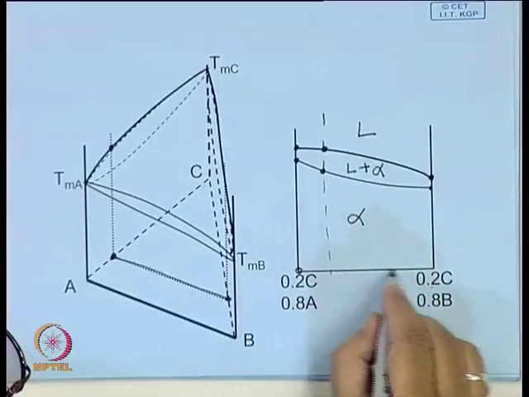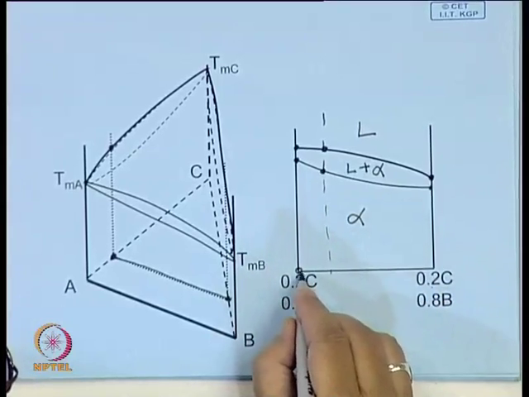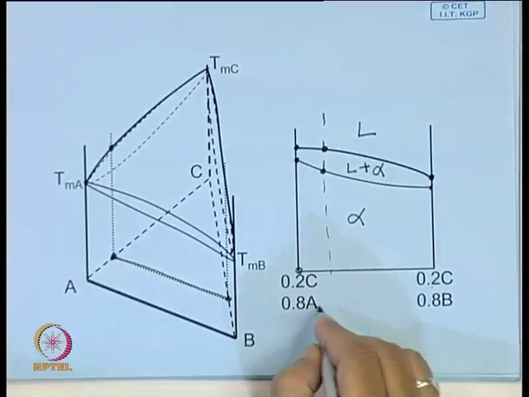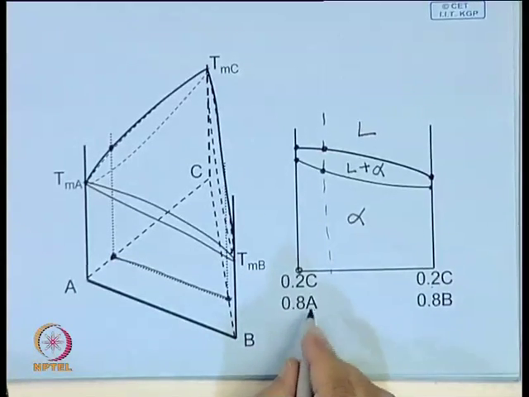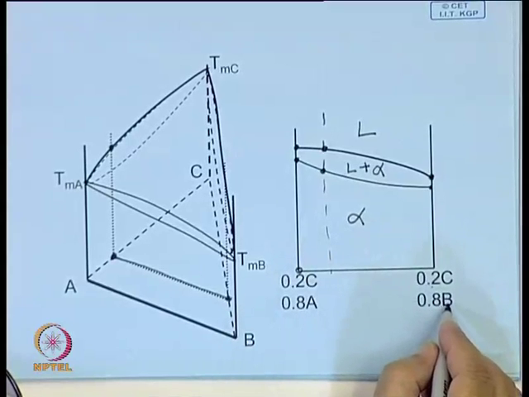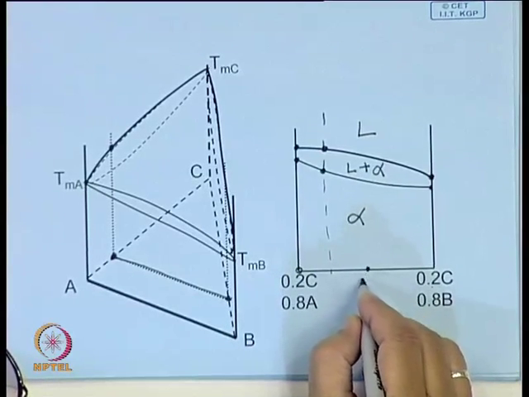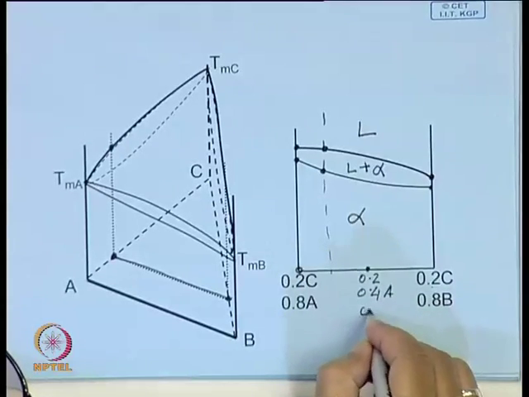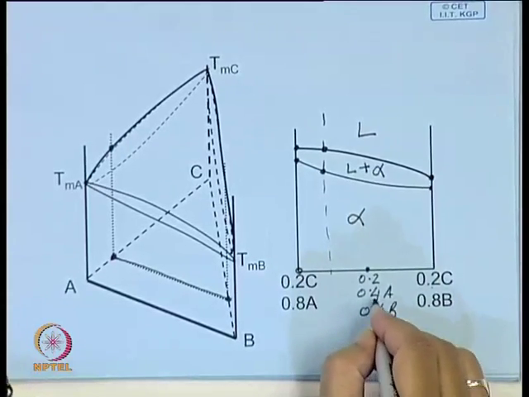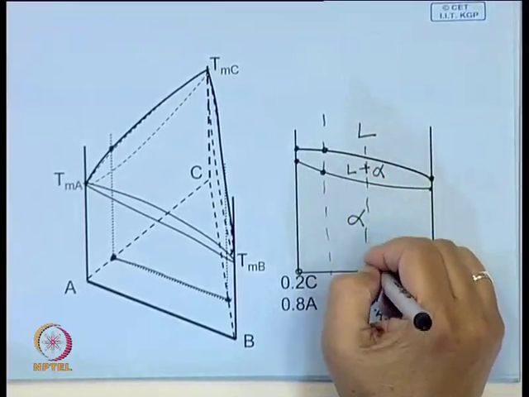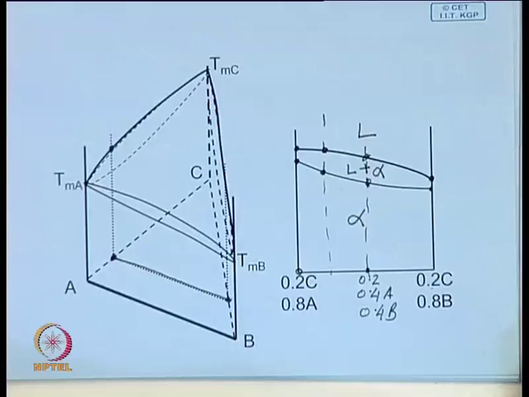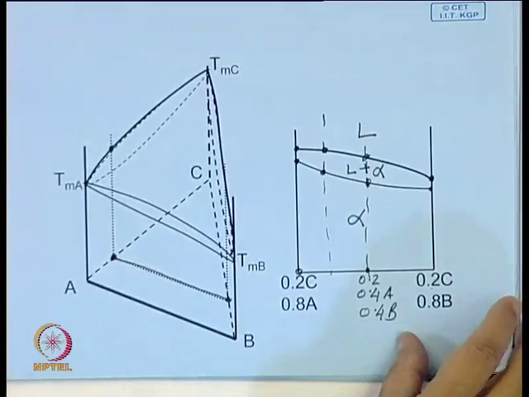All along this composition line the percentage C is the same. What is changing is the ratio of A and B. So, here it is 80% A, here it is 80% B, somewhere in between it may be 0.4 A, 0.4 B. So, there you can read from this diagram the melting range of that particular alloy.